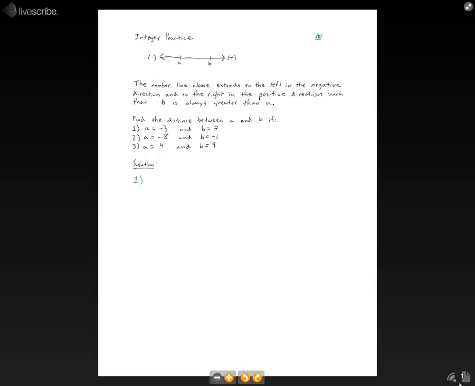To find the distance between these two locations, we always want to subtract the smaller number from the larger number, or in other words, find the difference between the two numbers. So in this case we're going to write 7 minus -3.